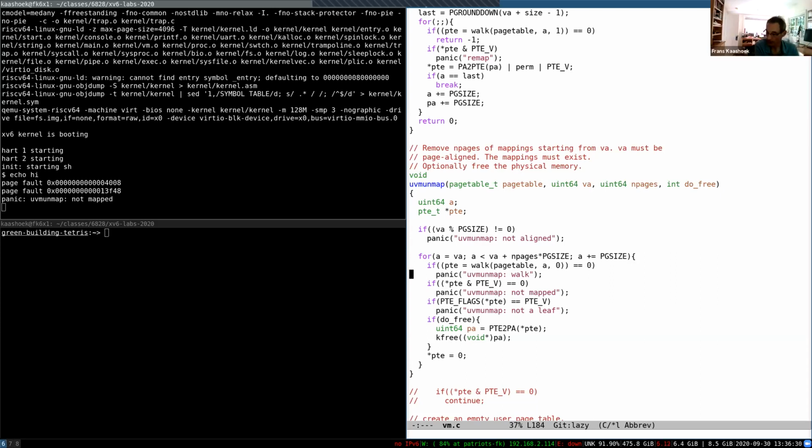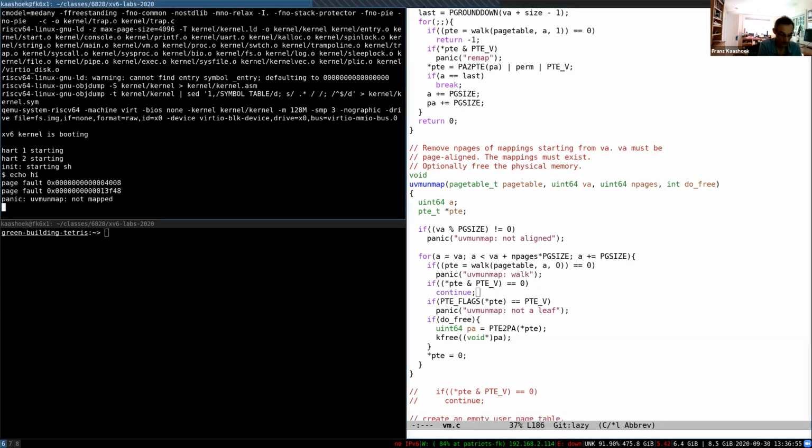The memory that was lazily allocated, but actually hasn't been used yet, right? And so there is no physical page for that particular lazily allocated memory. So in this case, when the PTE is 0, there's no mapping yet. That's not really a panic. This is actually what we expected could happen, right? And in fact, for that page, we just don't have to do anything. We can just continue, go to the next page.